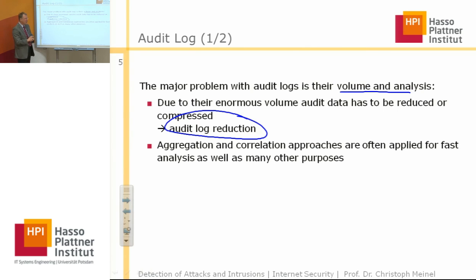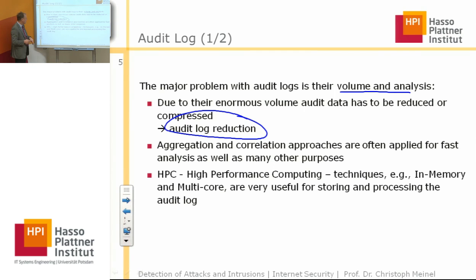So the so-called aggregation or correlation: single data may be useless, but in combination with each other, these correlated data give a hint that there is an attack. These are often applied for fast analysis as well as other purposes. There are a lot of very interesting computational techniques available for aggregation and correlation.